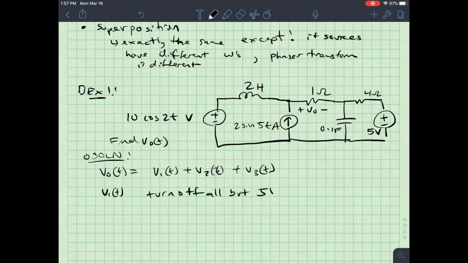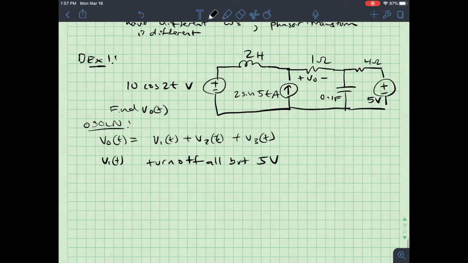When I do that, omega is 0, so j omega L is just equal to 0, and 1 over j omega C is just equal to infinity. And so what that means is that our capacitors look open and our inductors look like shorts. And turning off a voltage source is a wire, turning off a current source is an open, and so I'm left with something that looks very much like this.